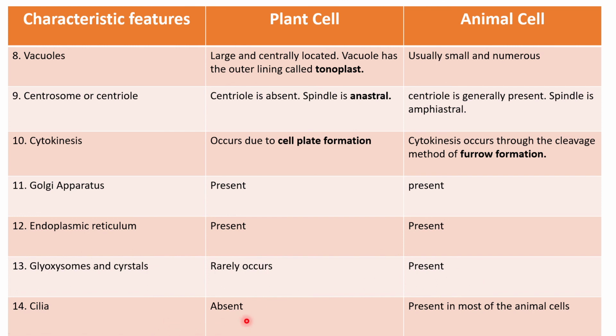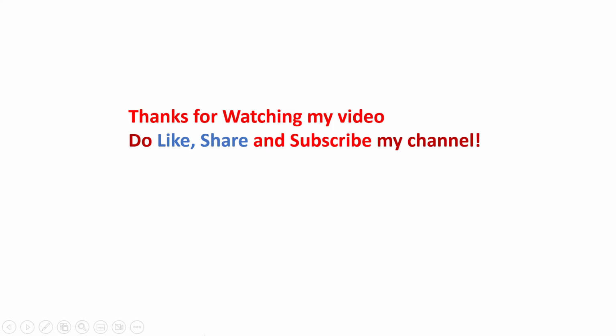The cilia are absent in the plant cell and present in most of the animal cells. So this is how the structure of plant and animal cell varies, and the difference between the structure of plant and animal cell.